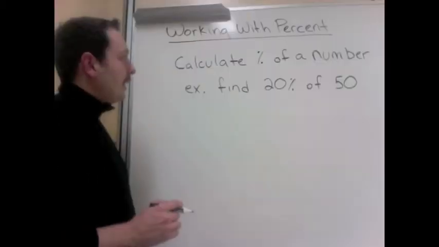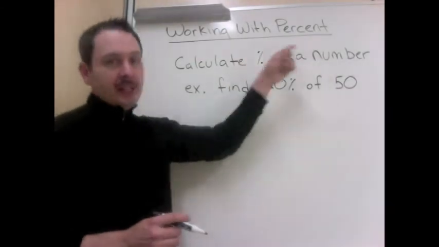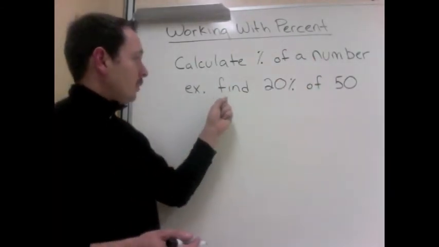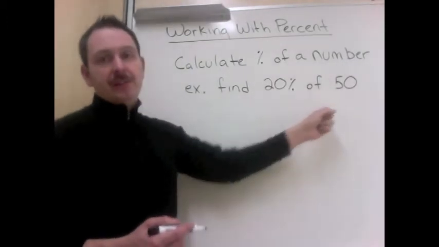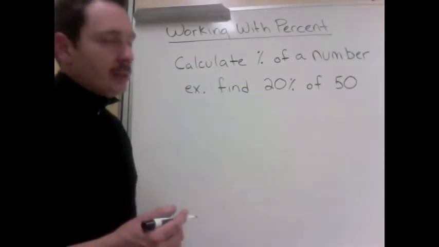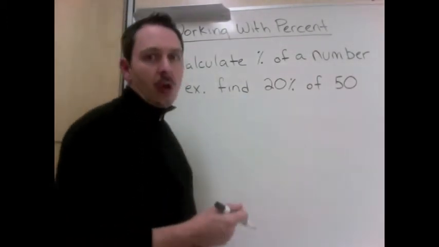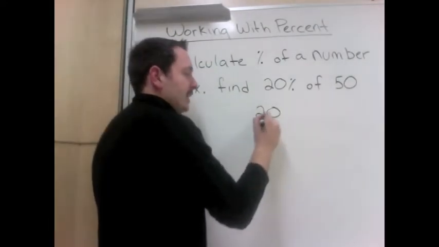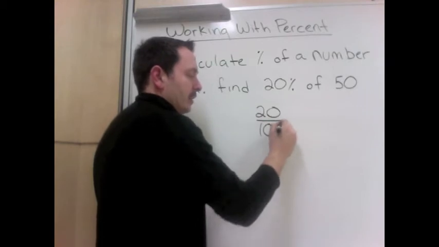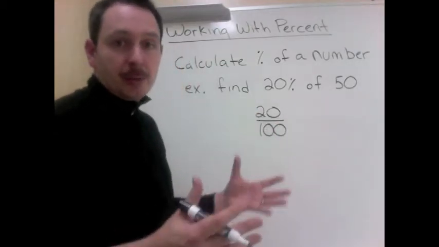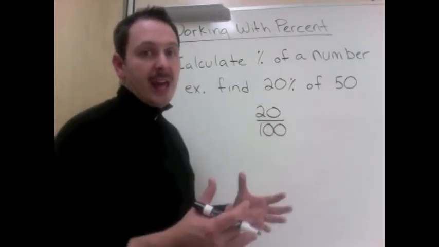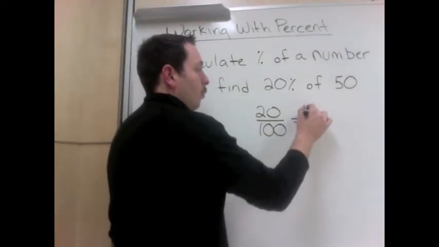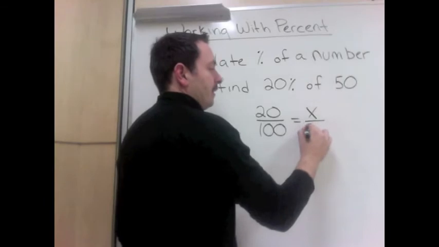Now what we're going to do is calculate the percent of a number, and we have 2 ways to do this. So first, if we want to find 20% of 50, we can use the ratios that we've been using. Now percent is always out of 100, so we could say that 20 out of 100, so 20% out of a possible 100%, 100% represents everything, equals what out of 50?